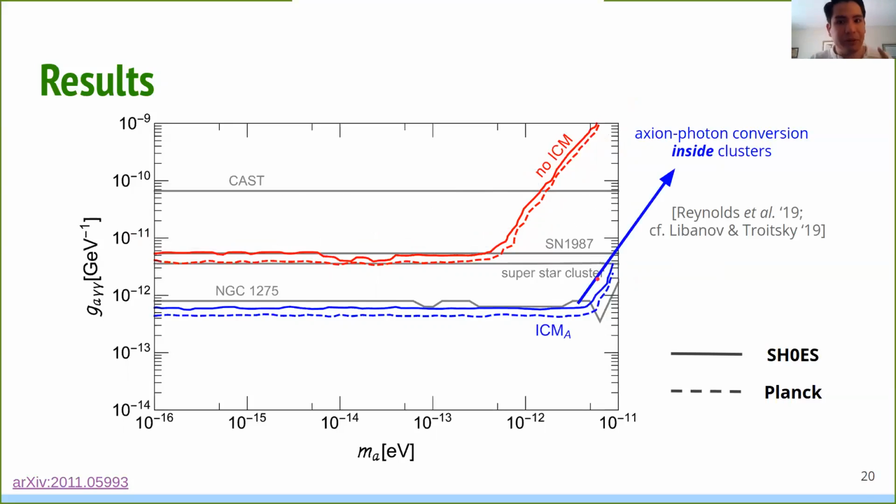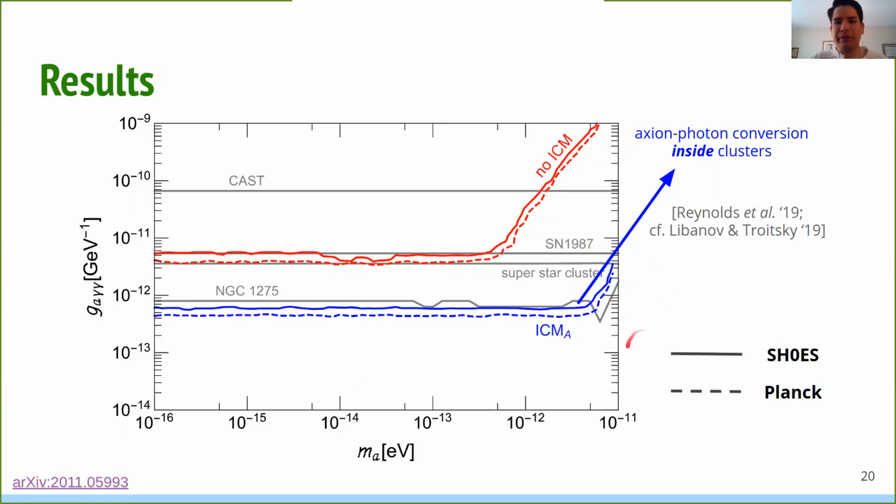There are these blue lines, which is an effect that I didn't have enough time to tell you about, but is that just as you can consider photon-axion conversion en route from the source to the observer, you can also consider photon-axion conversion inside the clusters, because there's a plasma there, there are magnetic fields inside the clusters, and you can go and consider this. These are subject to some debate currently.